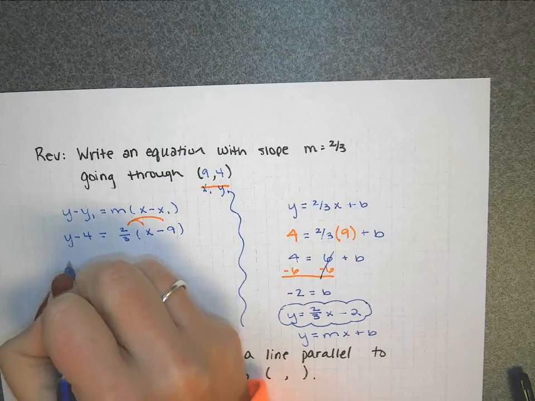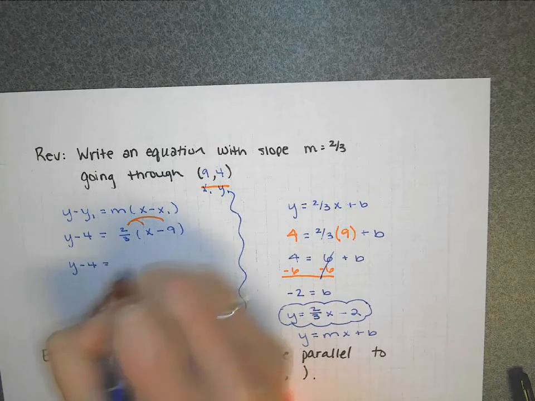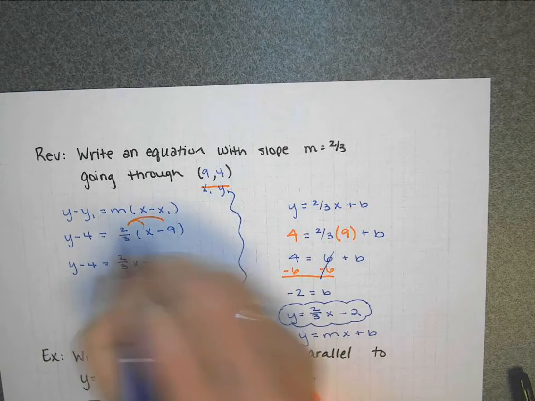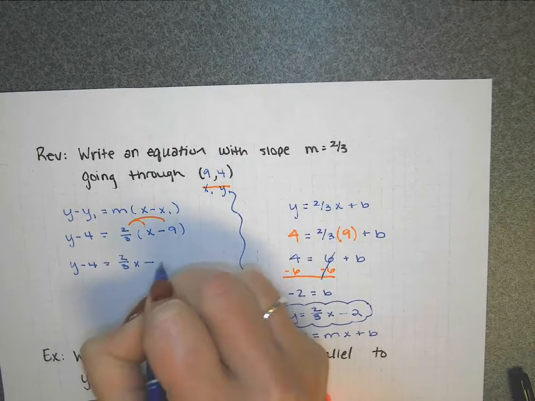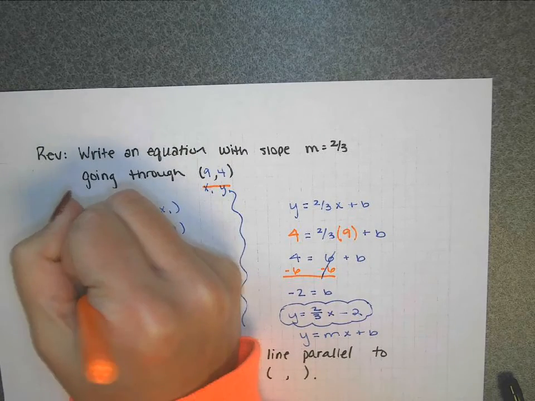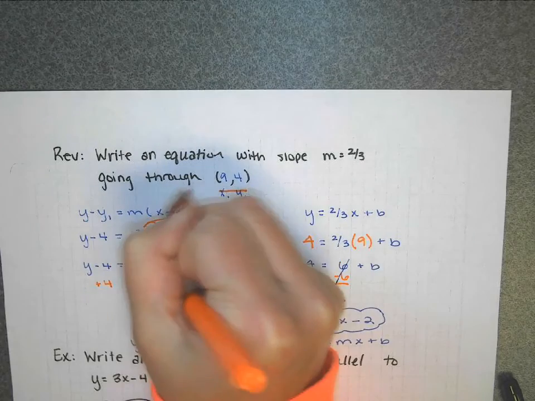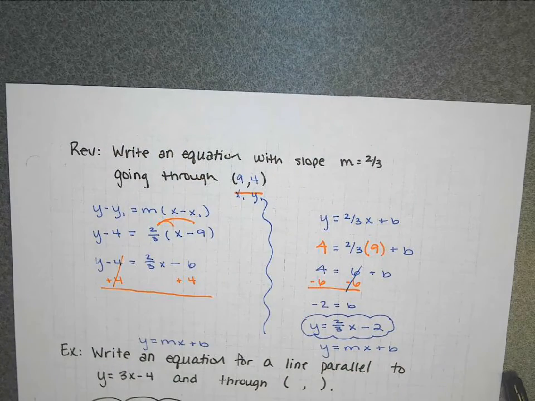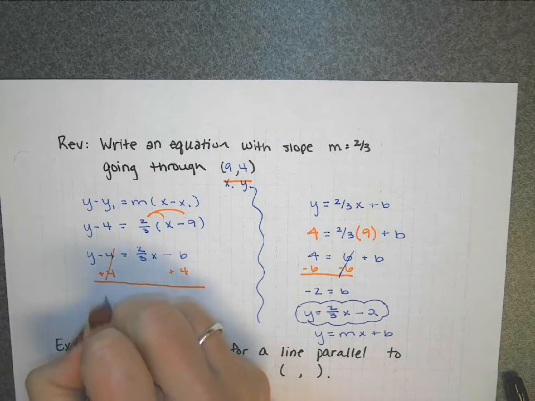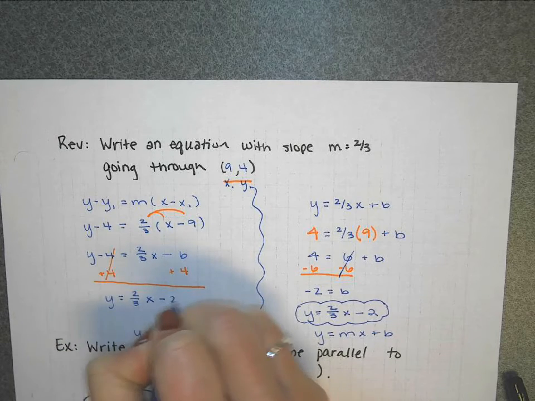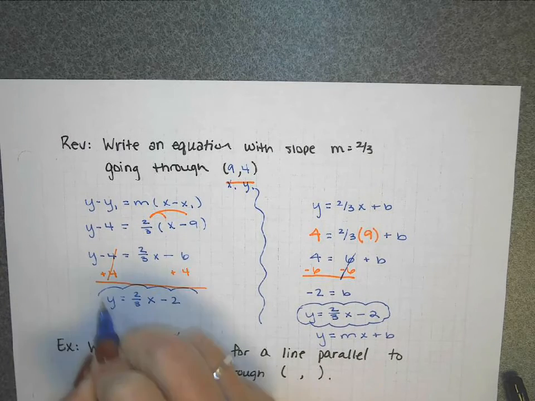So we would have y minus 4 equals 2/3 x minus 2 times 9 is 18. 18 divided by 3 is 6. And then you need y alone, so you'd have to add 4 to both sides. Y would then be alone on the left equals 2/3 x minus 2. And that would be your answer.